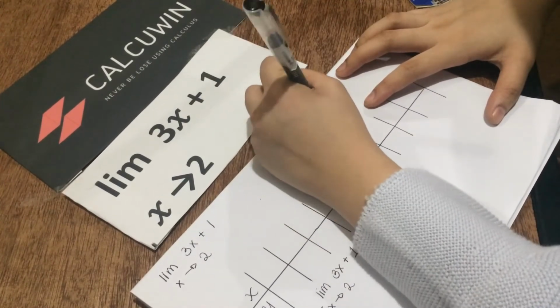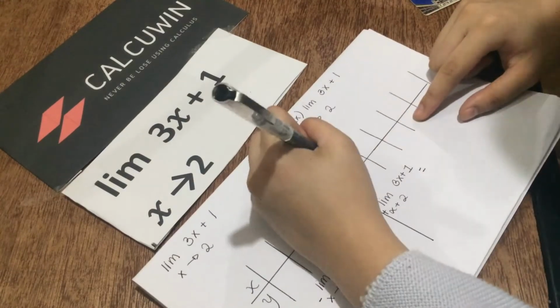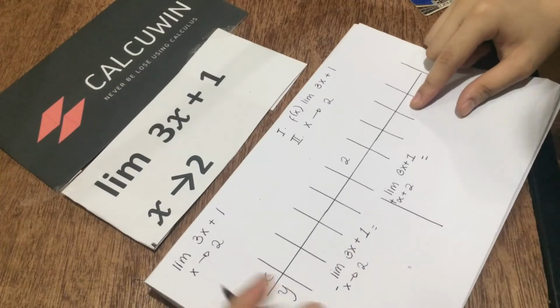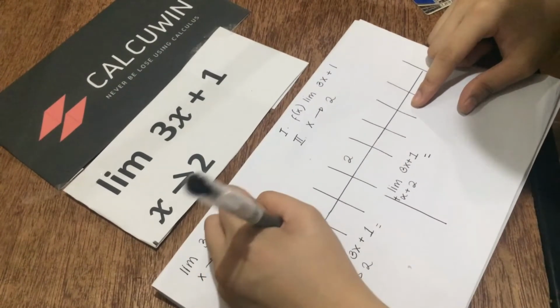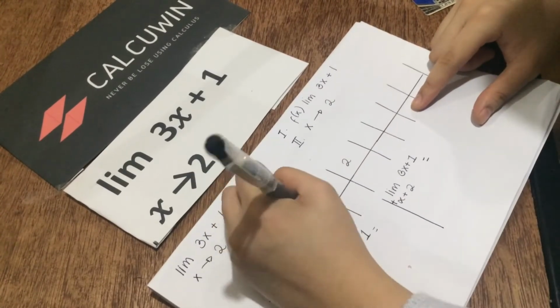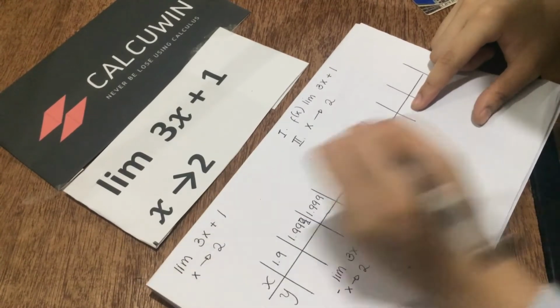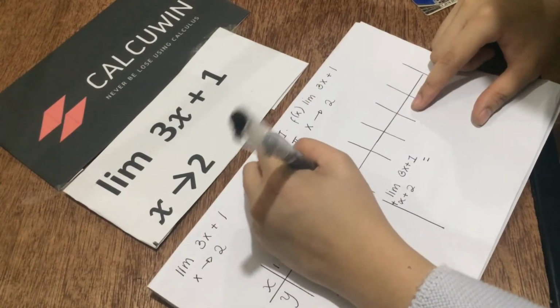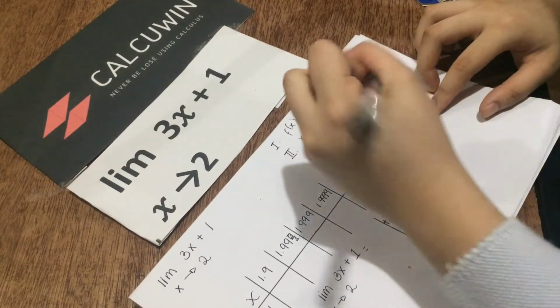Second, x approaches 2. So in finding the value of 2 on x tables, we are going to find a number on the left hand side that is closer to 2, as well as on the right hand side.